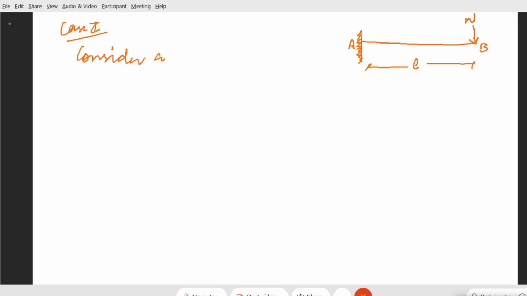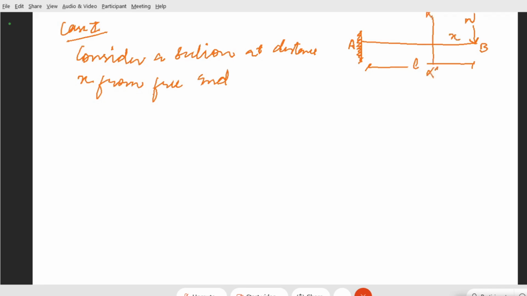We consider a section at distance x from the free end. That means we have considered a section, let's say we will give the section name as XX dash, which is at a distance of x from that free end.